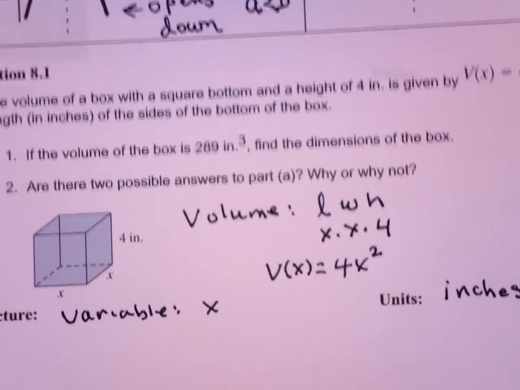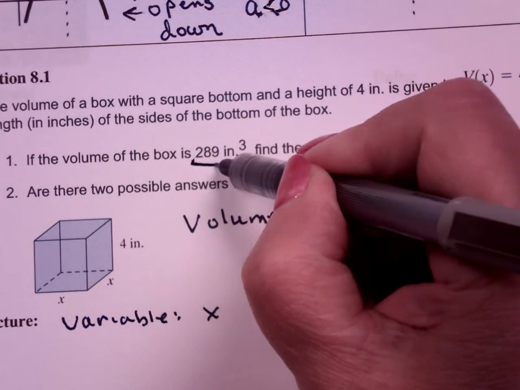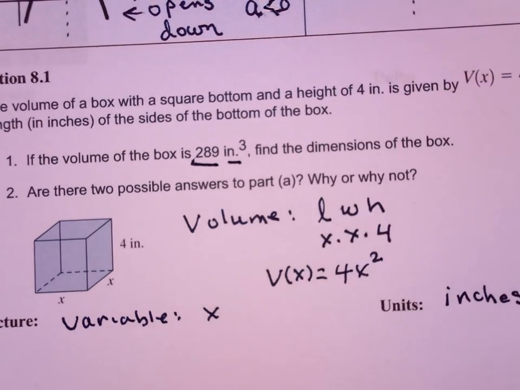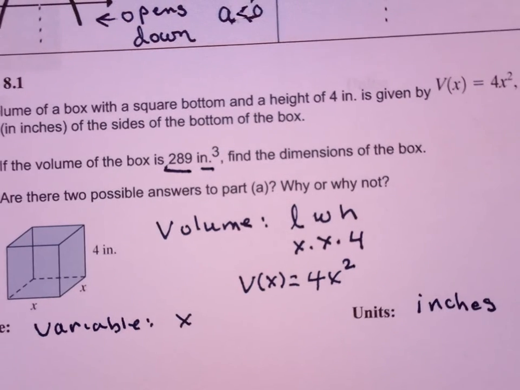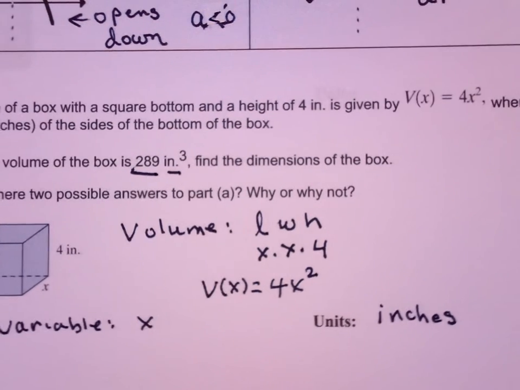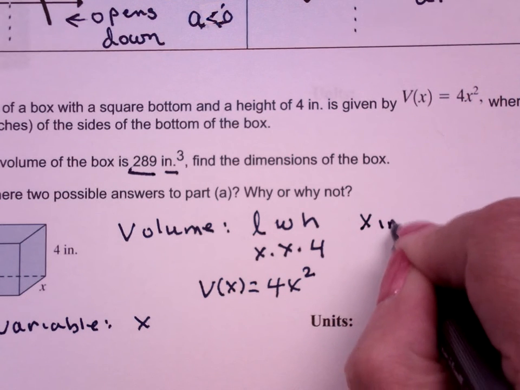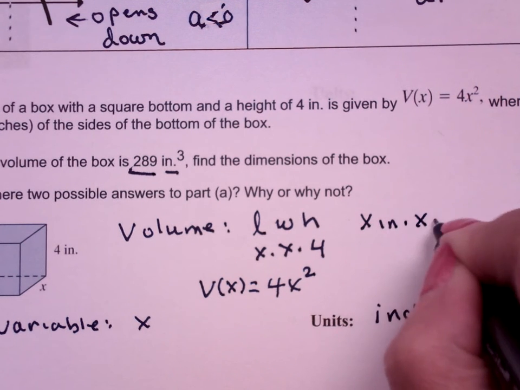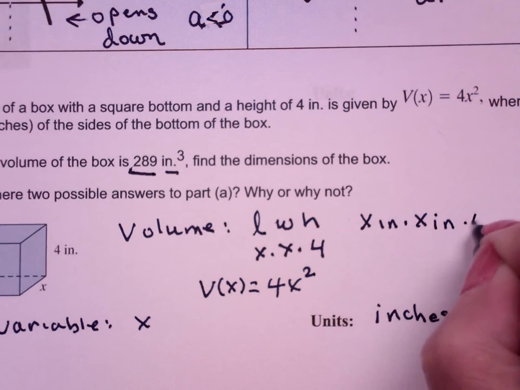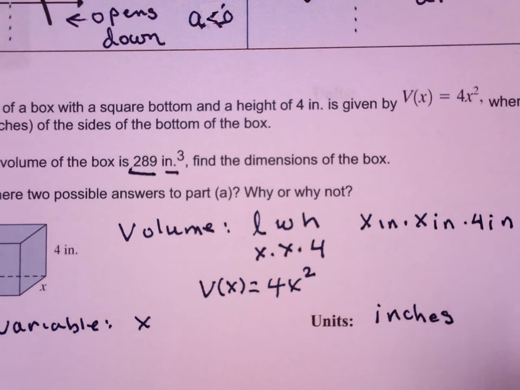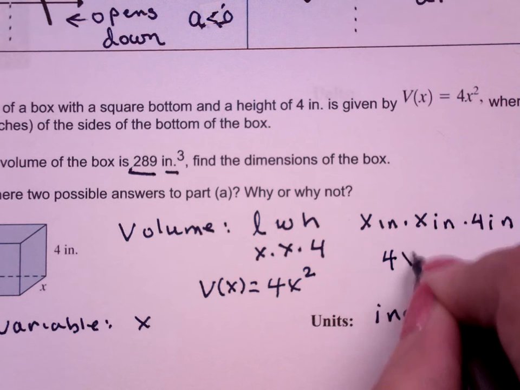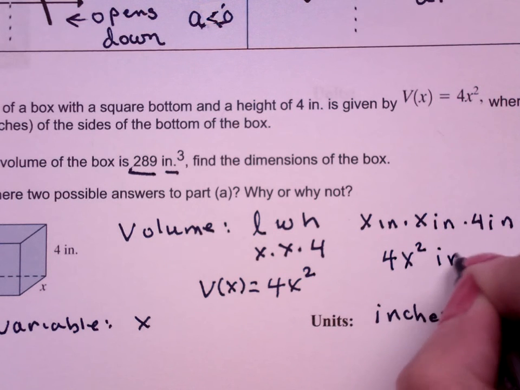So it says, if the volume is 289 cubic inches. Now you're going to say, well, why is it cubic inches? Because if I look at length times width times height, it's x inches times x inches times 4 inches. It's going to be 4x squared inches cubed.